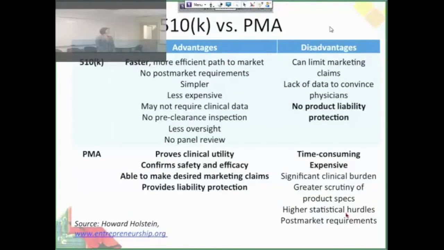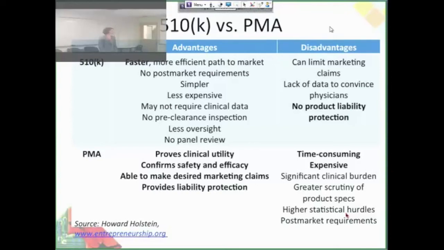Okay, so there are advantages and disadvantages to the 510K or PMA, and I think this is important to point out because on the surface it may seem like the 510K is better because it's faster and cheaper, and that is a really big advantage of the 510K. However, it's got some significant disadvantages in that it can really limit your marketing claims because you can't say to your physician, this is FDA approved, and your commercials can't say it's FDA approved.